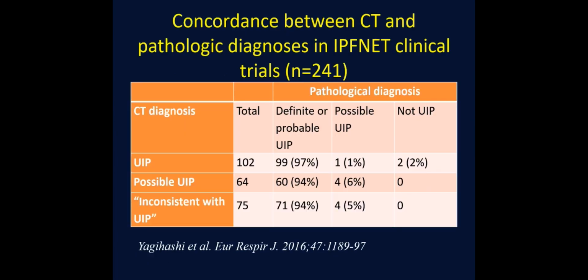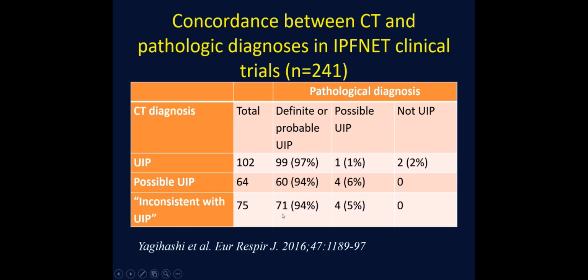And here's a study that we recently published that shows basically the same thing. These were patients who were all enrolled in clinical trials for IPF, and we reviewed all these scans centrally and found that about 40% of them had features that seemed to be atypical for UIP.